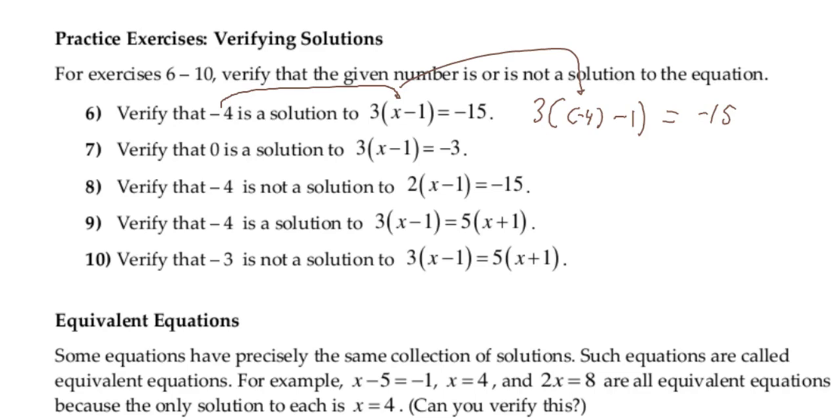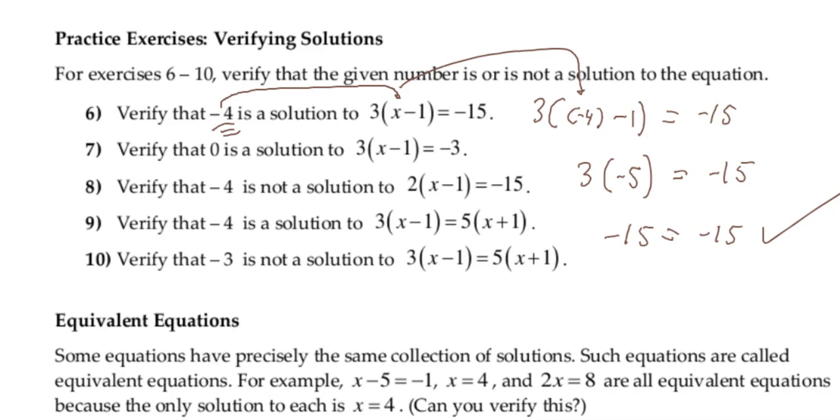So now I have negative 4 minus 1, which is negative 5. So I have 3 times negative 5 equals negative 15. And then 3 times negative 5 is negative 15 equals negative 15. So I can say that negative 4 is indeed a solution to the problem. Okay?